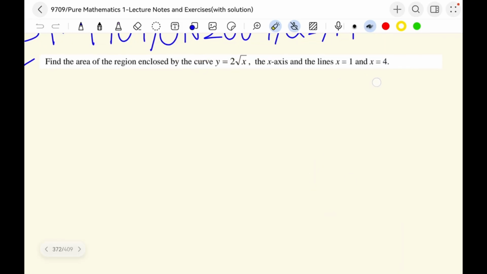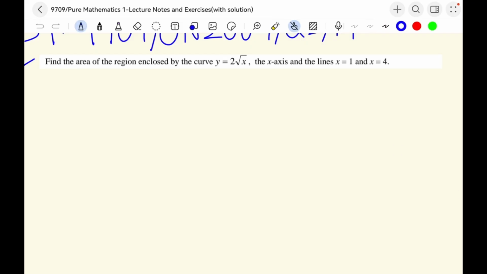Find the area of the region enclosed by the curve y equals 2 square root of x, the x-axis, and the lines x equals 1 and x equals 4. Obviously, this is a square root graph. There's a stretch of 2, which means its vertical stretch increases by a factor of 2.